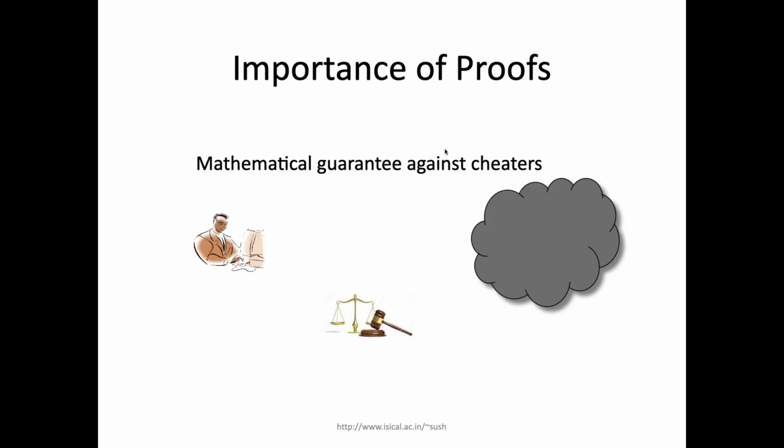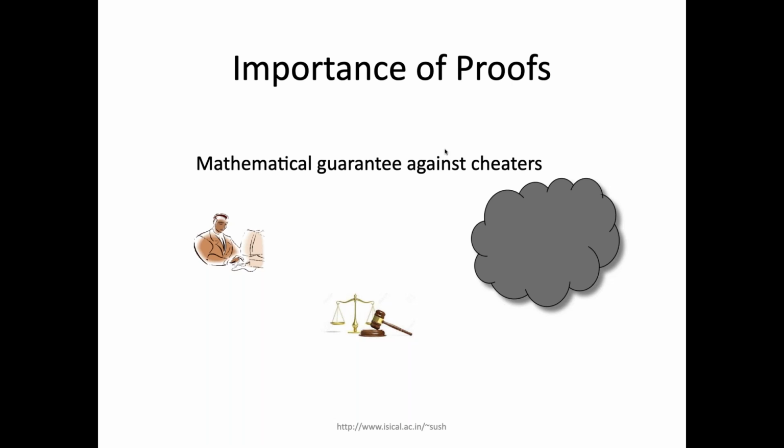And there is also an importance for proofs because these are mathematical guarantees against cheaters. And imagine that if you had any kind of a dispute, you would essentially go to the court of law to settle this dispute between, say, a data owner and maybe a service provider.